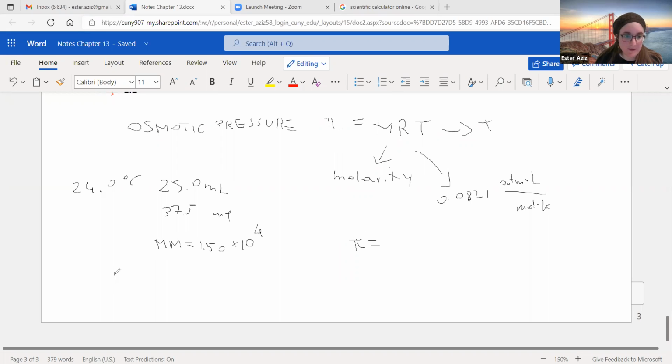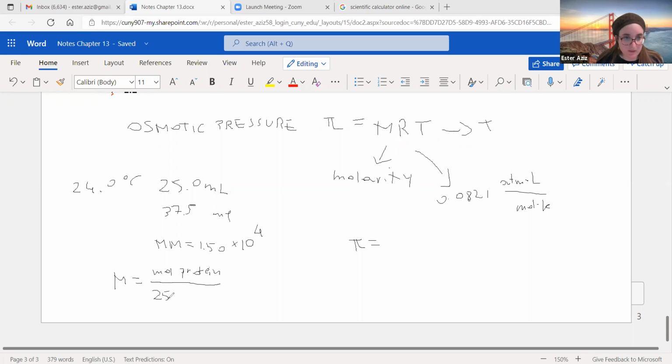Molarity is equal to moles of solute, which in this case is moles of the protein, divided by the liters of solution. And the volume of solution is 25.0 milliliters.